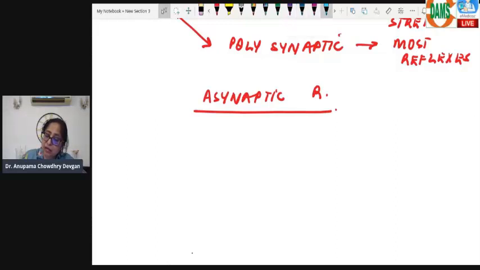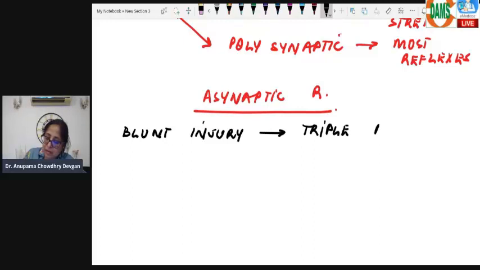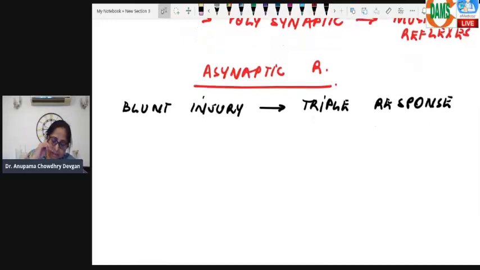Now, if you remember, whenever there is a blunt injury on the skin, an injury on the skin with a blunt object, it gives rise to what is known as the triple response. And what is a triple response?